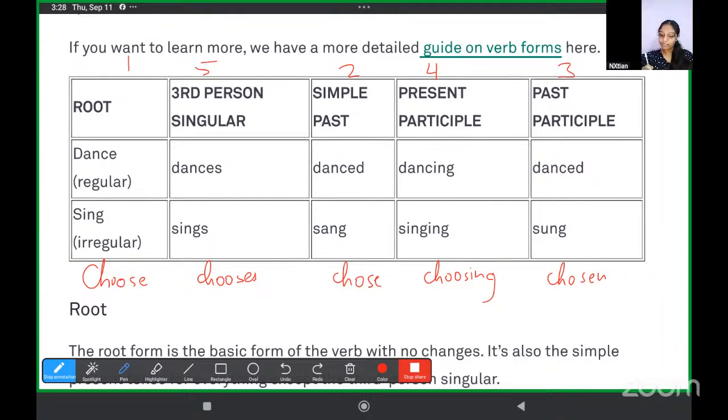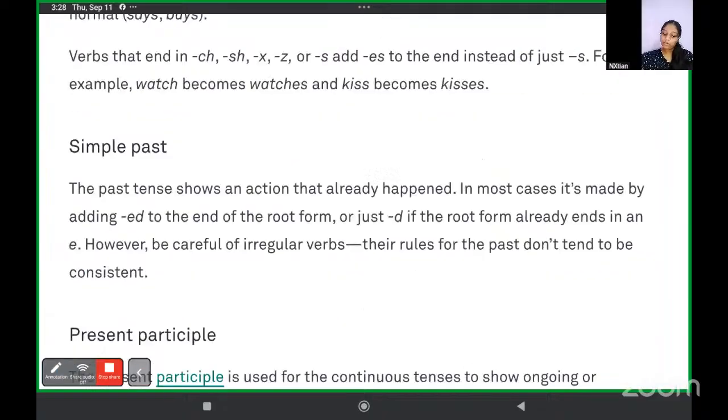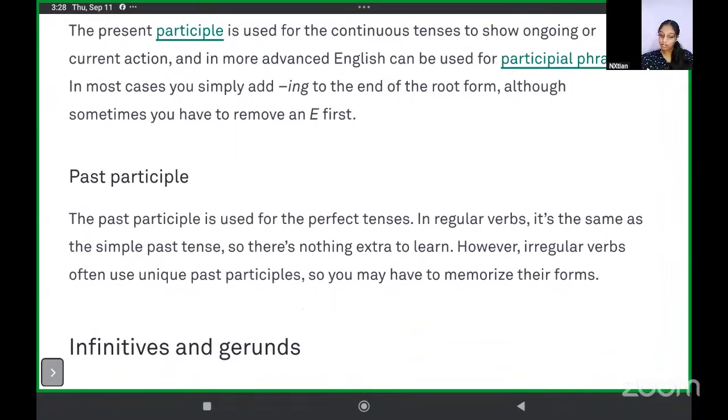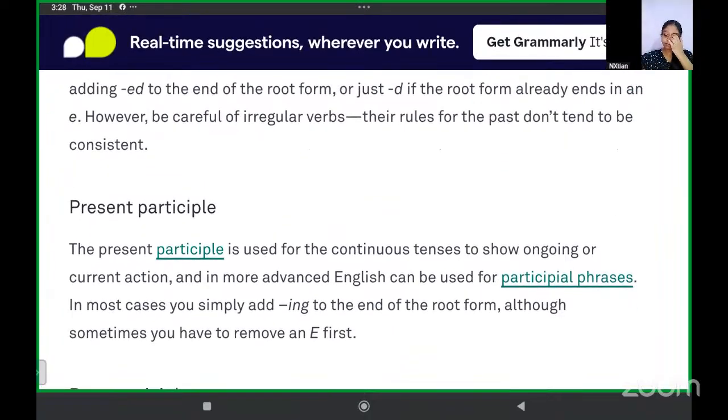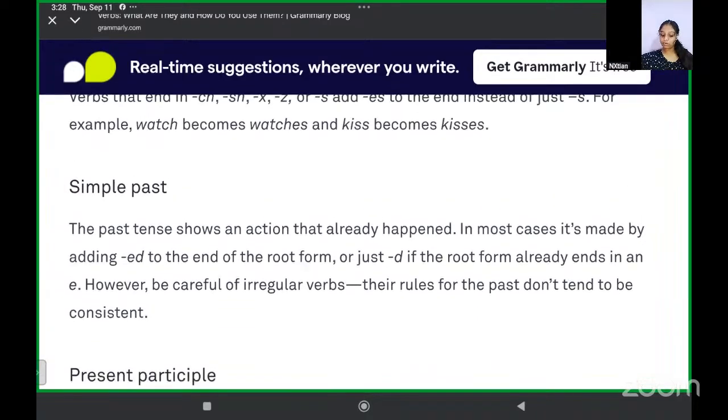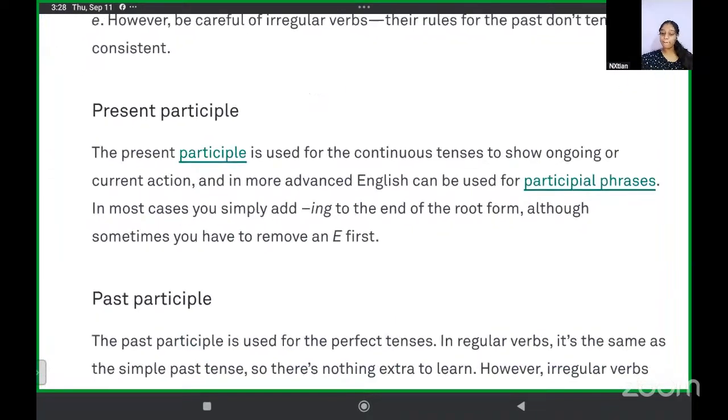Then we will move on. What we were doing? Did we do present participle? Nah, we only did simple past. Okay.